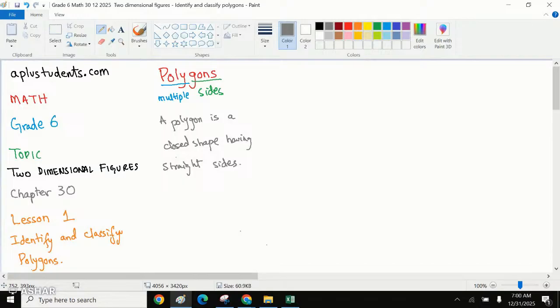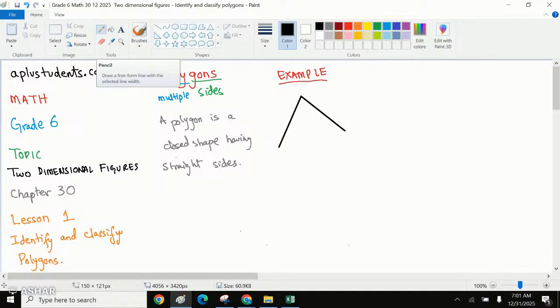Okay, let's look at an example. We have done these shapes. If I have one line, is this a closed shape? It's just a line. It doesn't close anything in it, right? But if I have another line, is this shape a closed shape? Closed shape means that there is no opening in it, right?